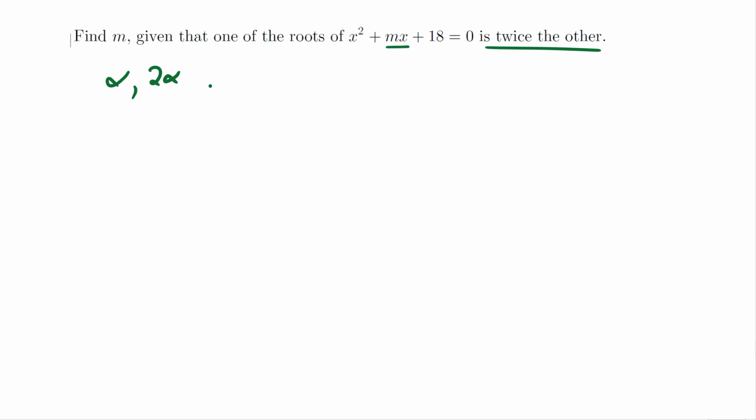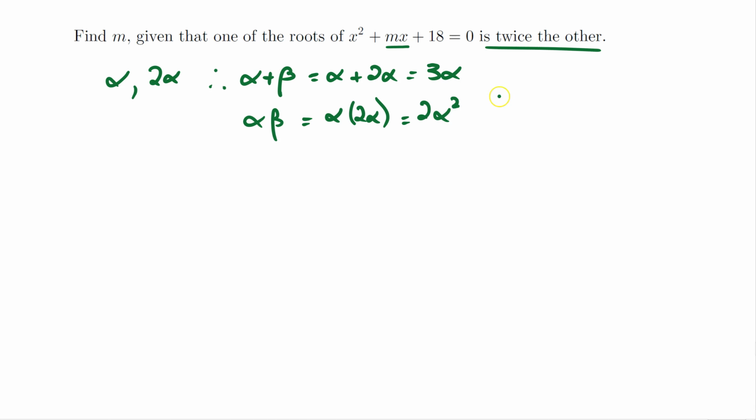So if that's the case, then what have we got? We've got the fact that the sum of the roots, alpha plus beta, is alpha plus 2 alpha, which is 3 alpha, and the product of the roots, alpha beta, is alpha times 2 alpha, which is 2 alpha squared.